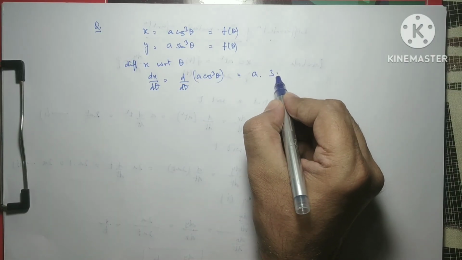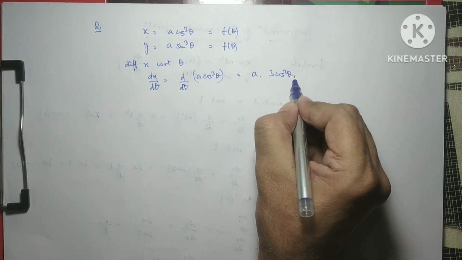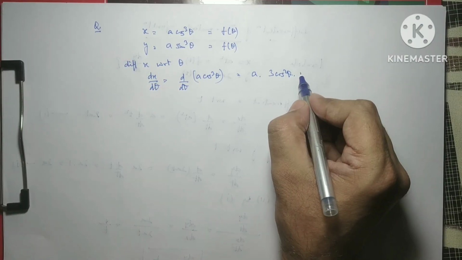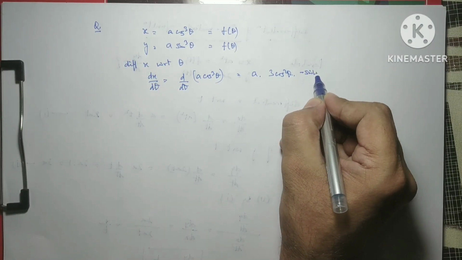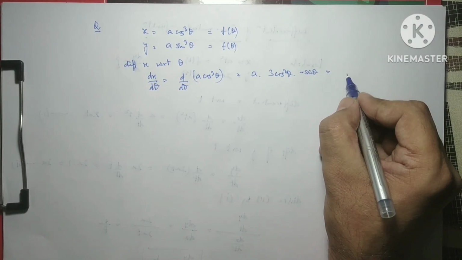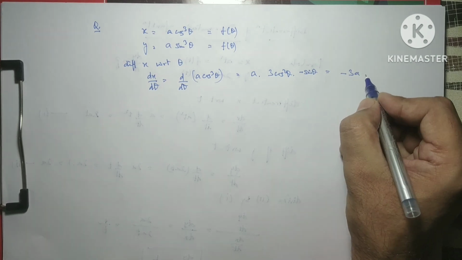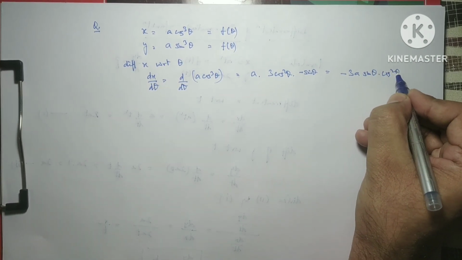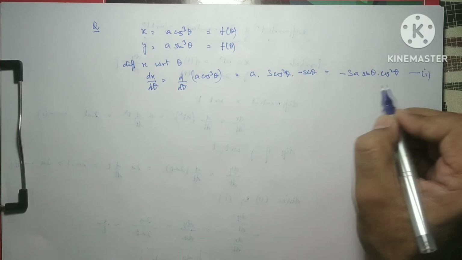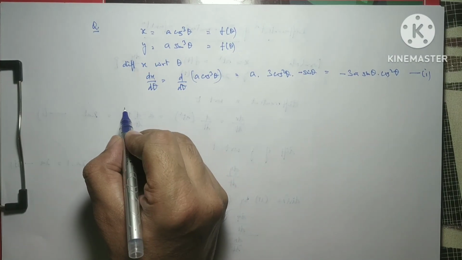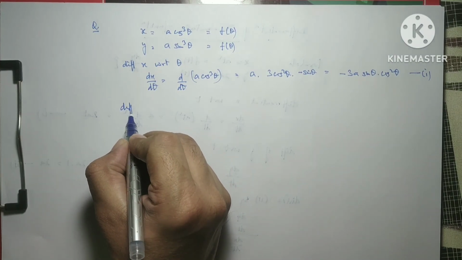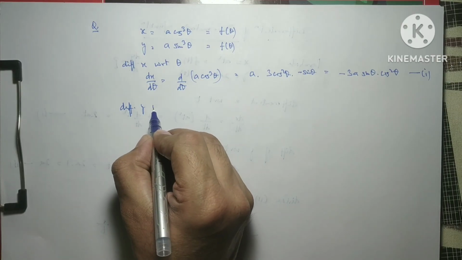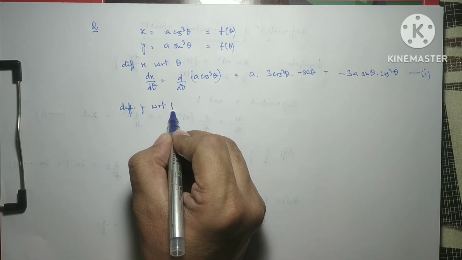It is 3 cos square theta into the derivative of cos theta, which is minus sin theta. So we get minus 3a sin theta cos square theta. This is equation 1.